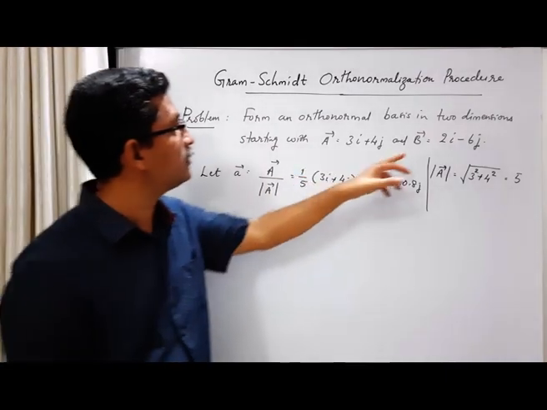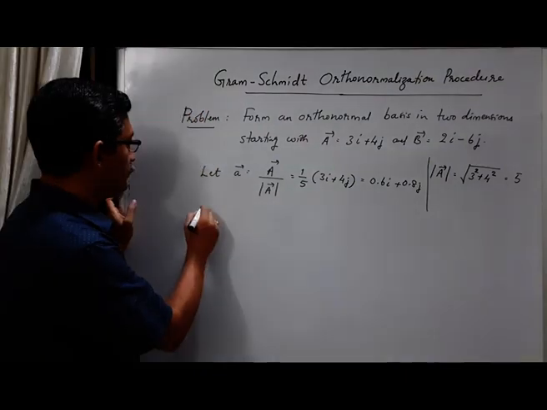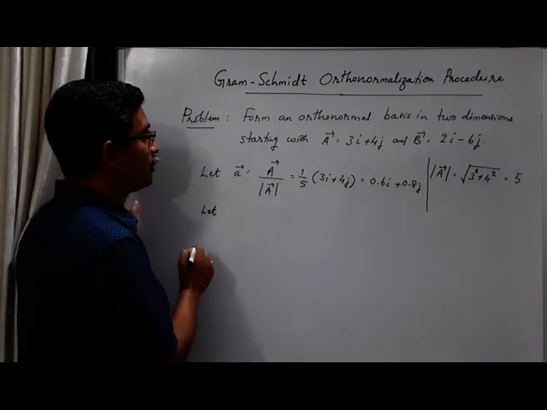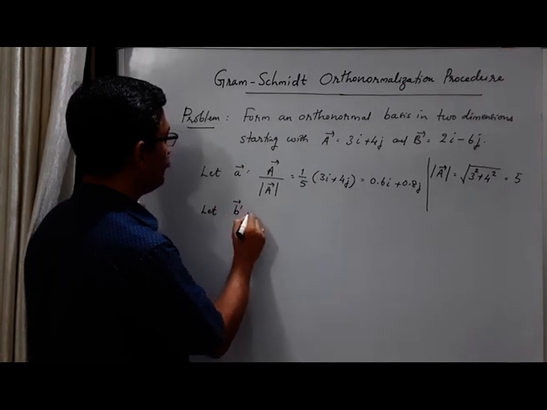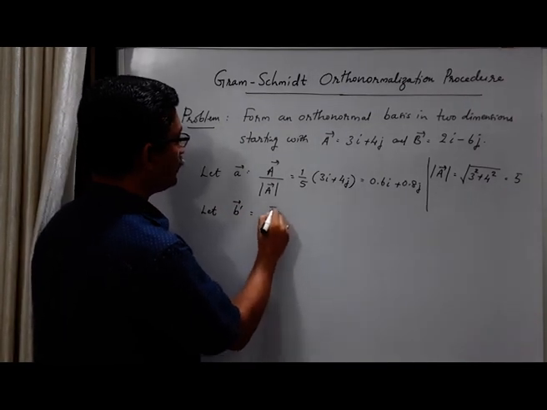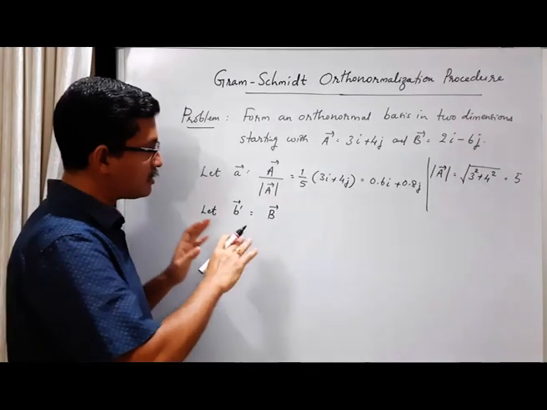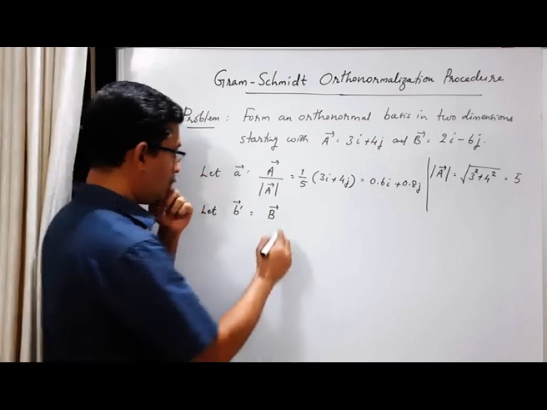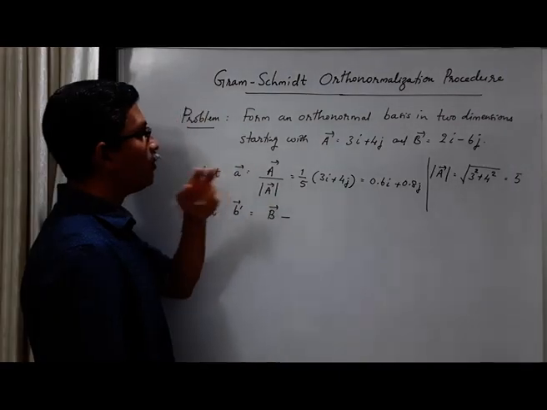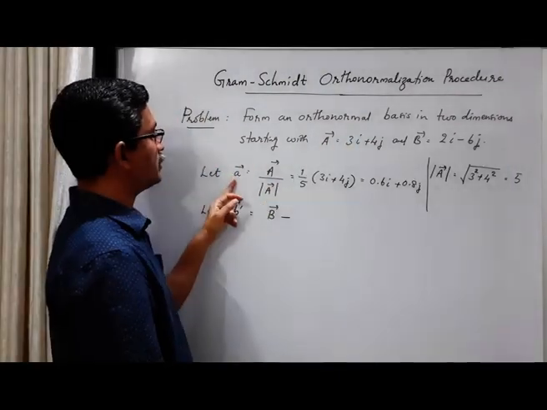Now let us take this vector. Let us define b prime equal to, take the vector b, what is the idea, and subtract its component along the direction a. So b minus, what is the component of b along the direction a?